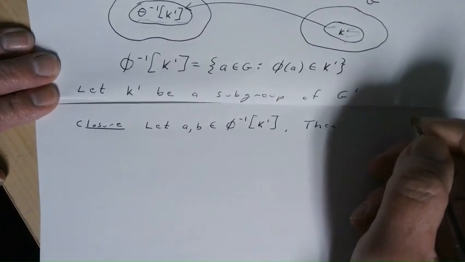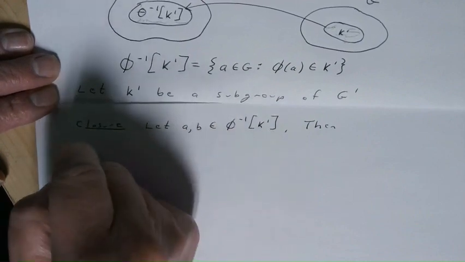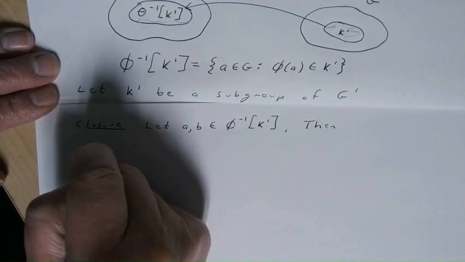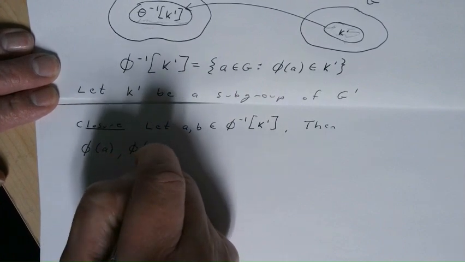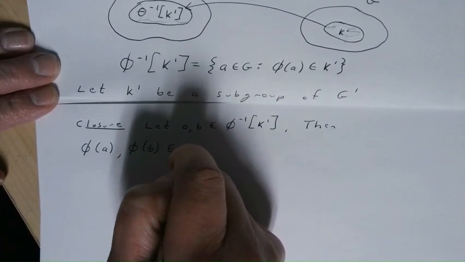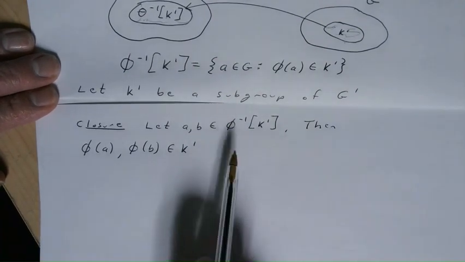So start with this, and then let me write out all the terms. Then this implies that phi of A and phi of B are in K prime, because that's pretty much the definition.